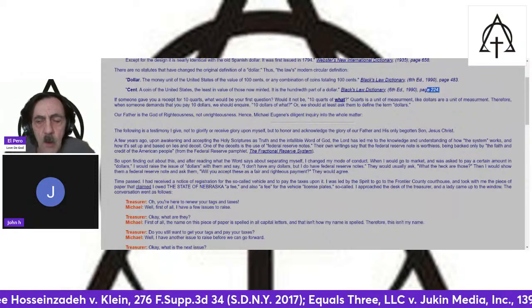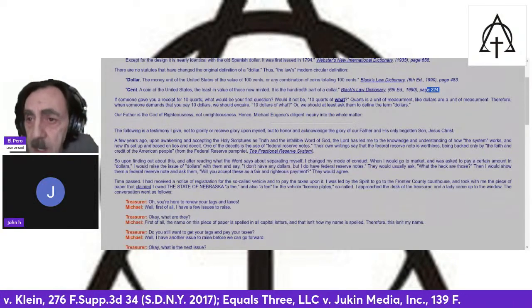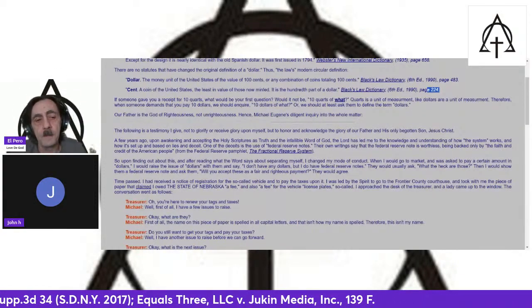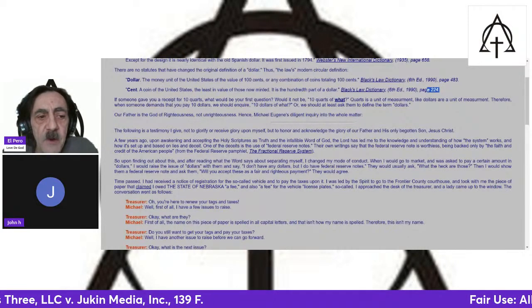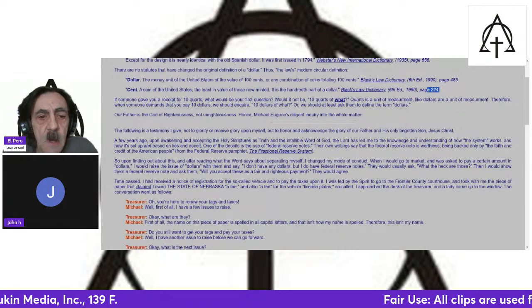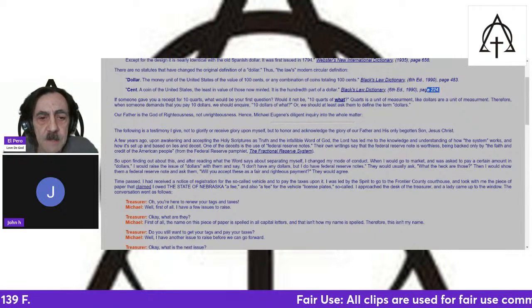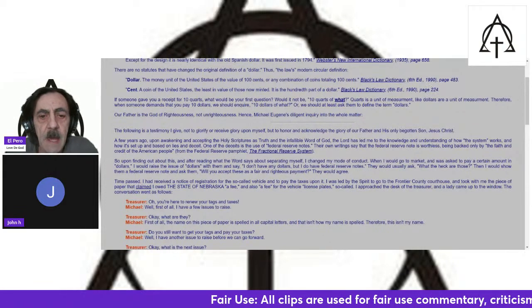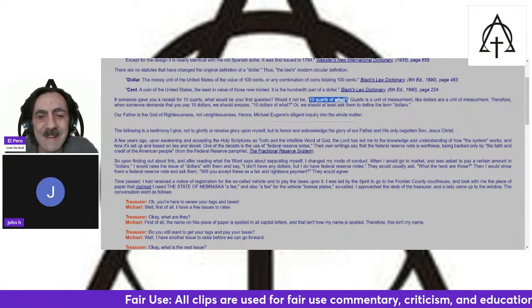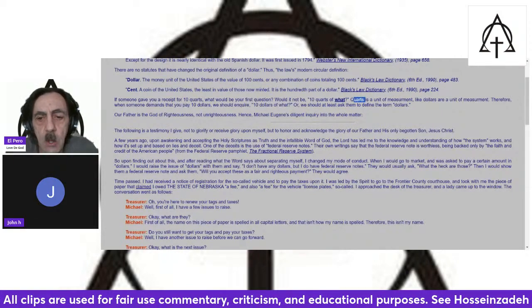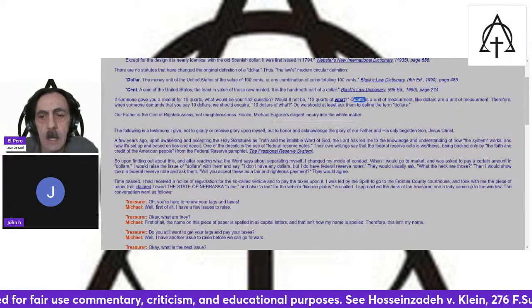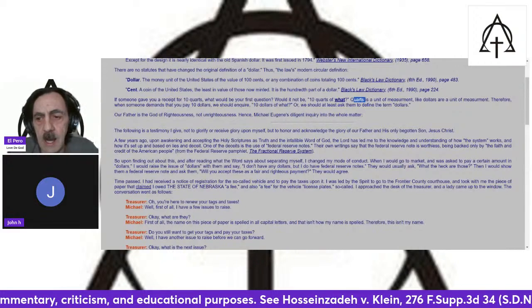If someone gave you a receipt, and I want everybody to pay attention here, this is very important, if someone gave you a receipt for 10 quarts, what would be your first question? Would it not be 10 quarts of what? Quarts is a unit of measurement, like dollars are a unit of measurement.